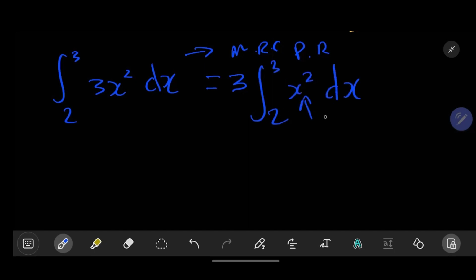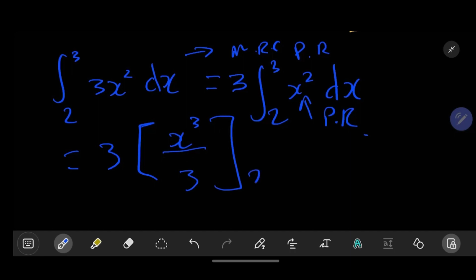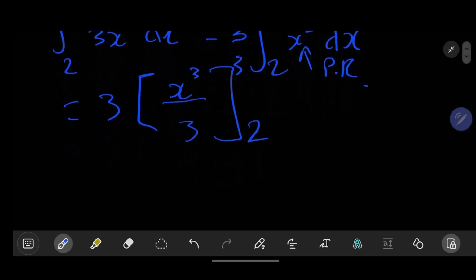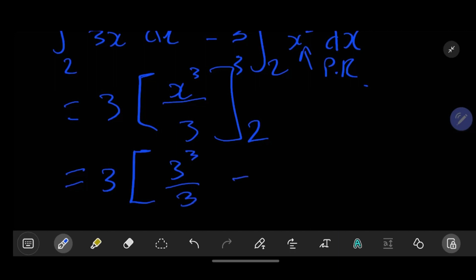Now we have the power rule that we need to apply here. That is equal to 3 into x cubed by 3, and we're evaluating this from 2 to 3, which is 3 into 3 cubed by 3 minus 2 cubed by 3.